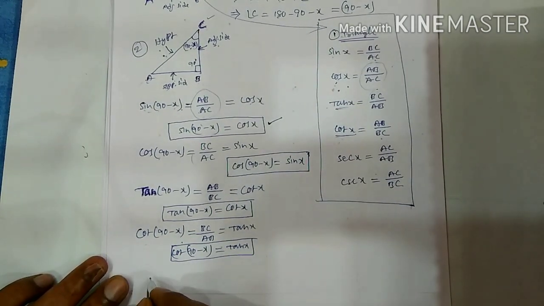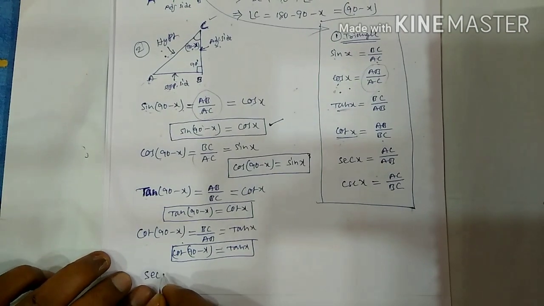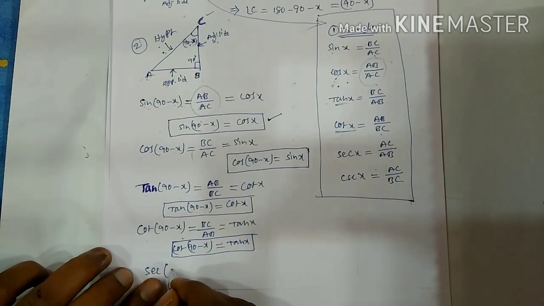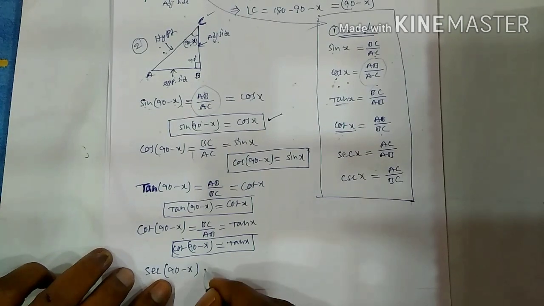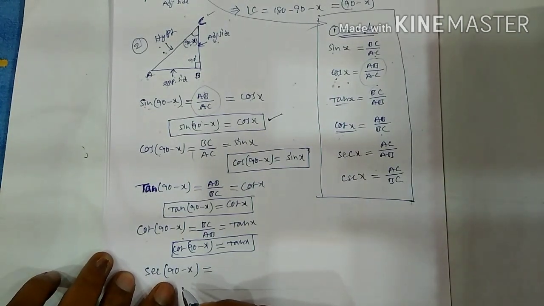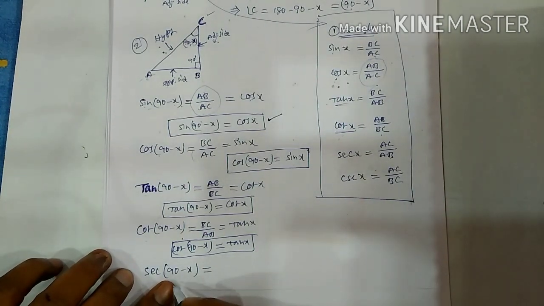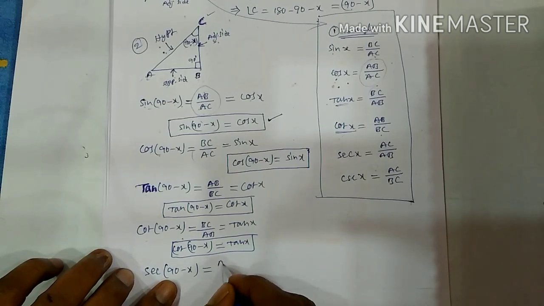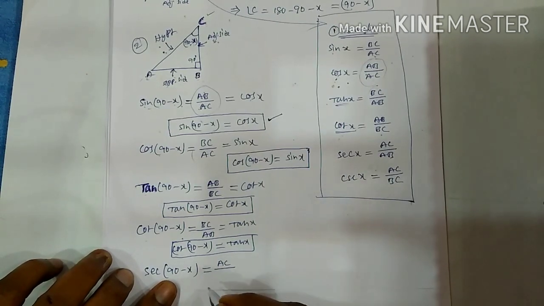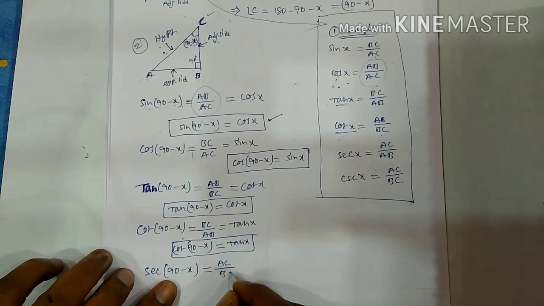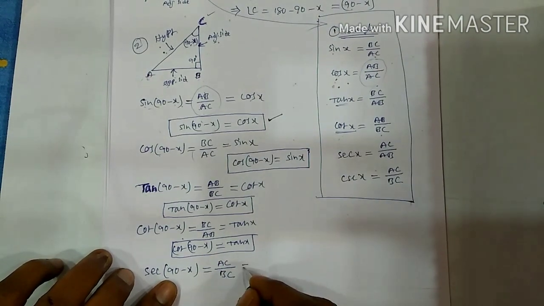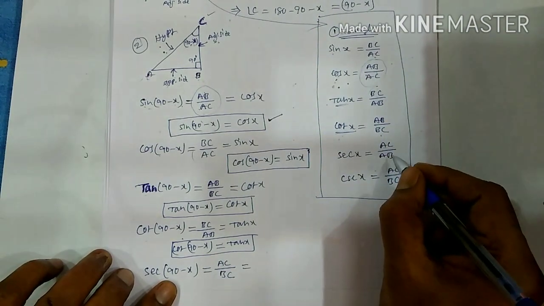Now secant 90 minus X. Secant 90 minus theta means hypotenuse by adjacent side, that is AC by BC.